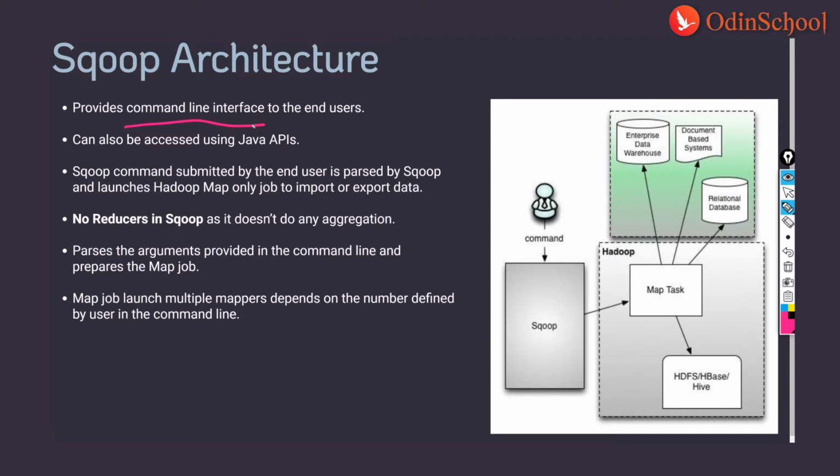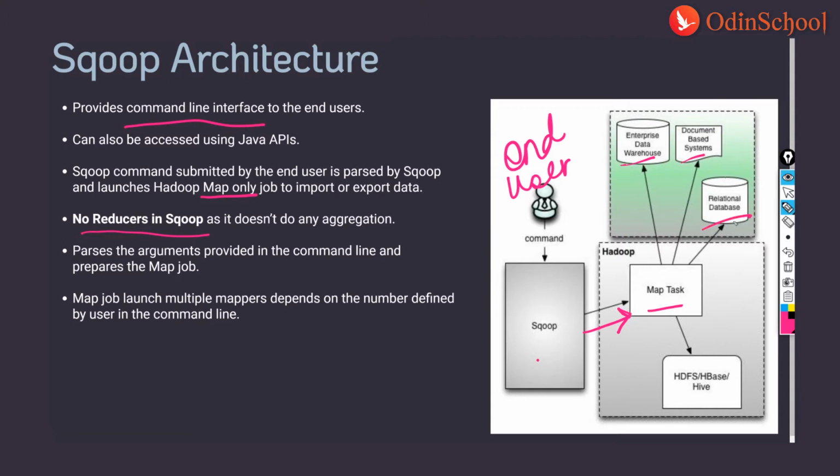Then the Sqoop command is submitted by the end user or client. What it will do is launch a map-only job. It launches a map-only job because no reducers are there in Sqoop, since you don't want any aggregation. That map-only job will connect to the enterprise data warehouse, document-based systems, or relational databases.